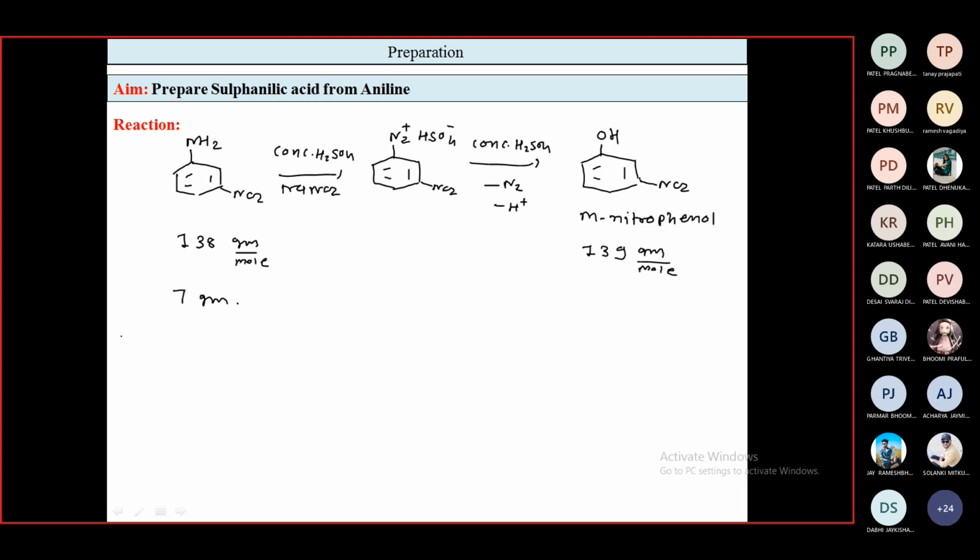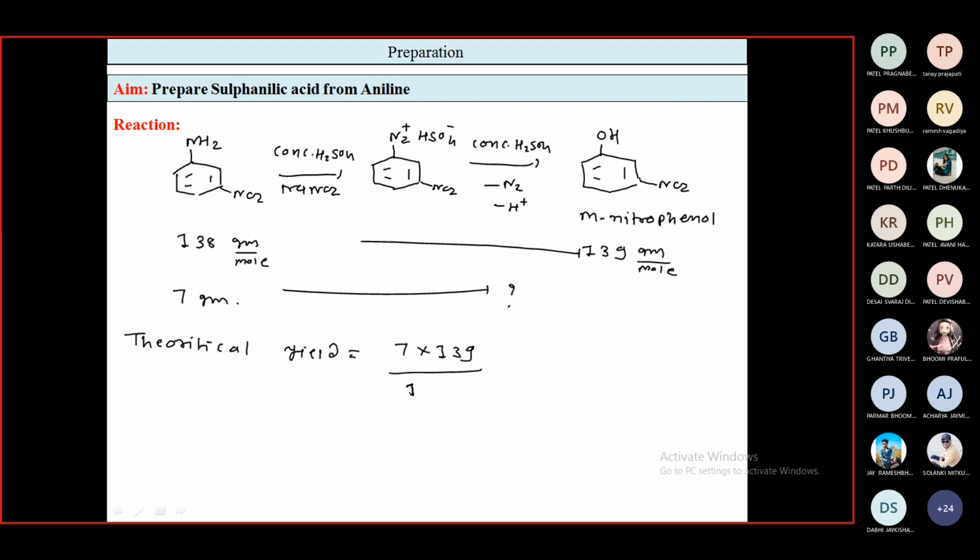So theoretically, 138 gram gives 139 gram of product. So 7 gram gives how much? It is approximately 7.05 gram. So this becomes your theoretical yield.